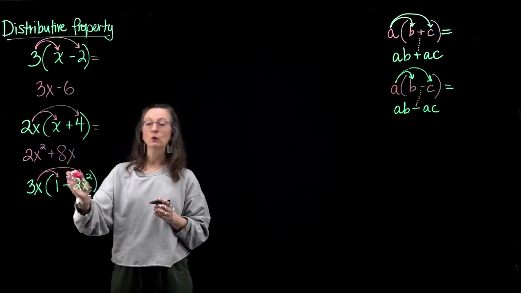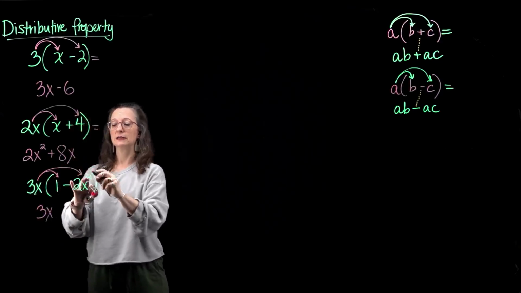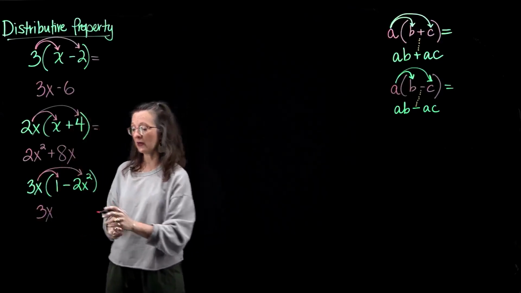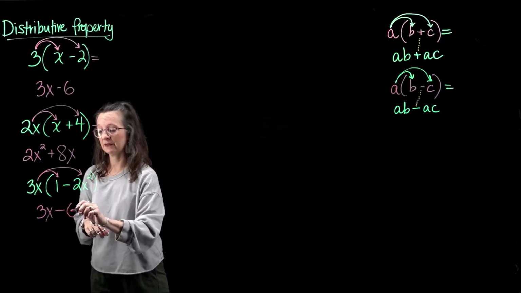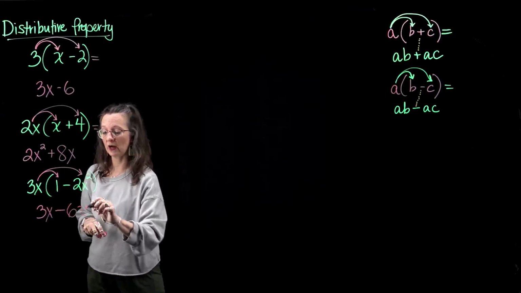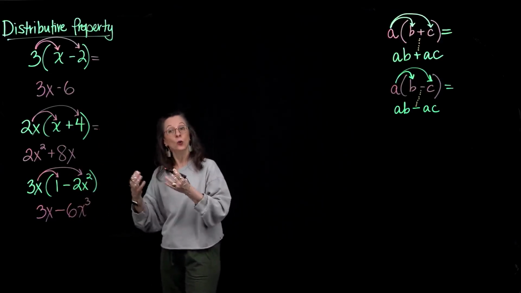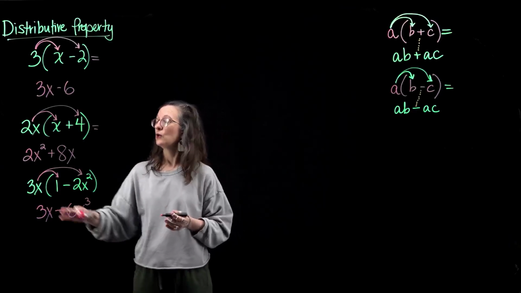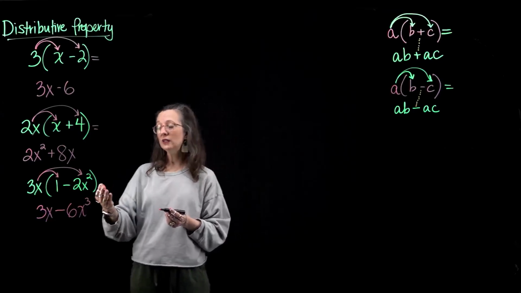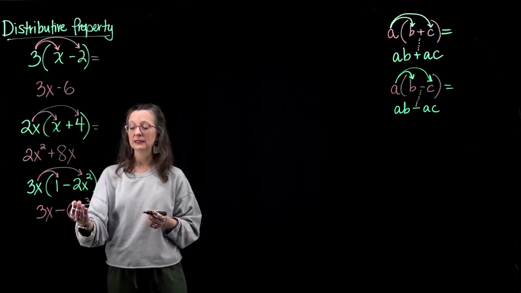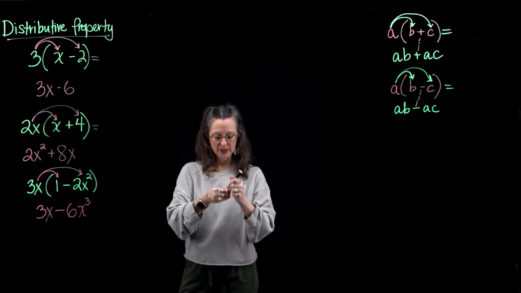So 3x times 1 will just give me 3x. 3x times negative 2x squared, well, I'm going to keep that negative. 3 times 2 gives me 6, and x times x squared gives me x cubed. So we just use our multiplication rules within that distributive property. So 3x times parentheses 1 minus 2x squared would give me 3x minus 6x cubed. All right.